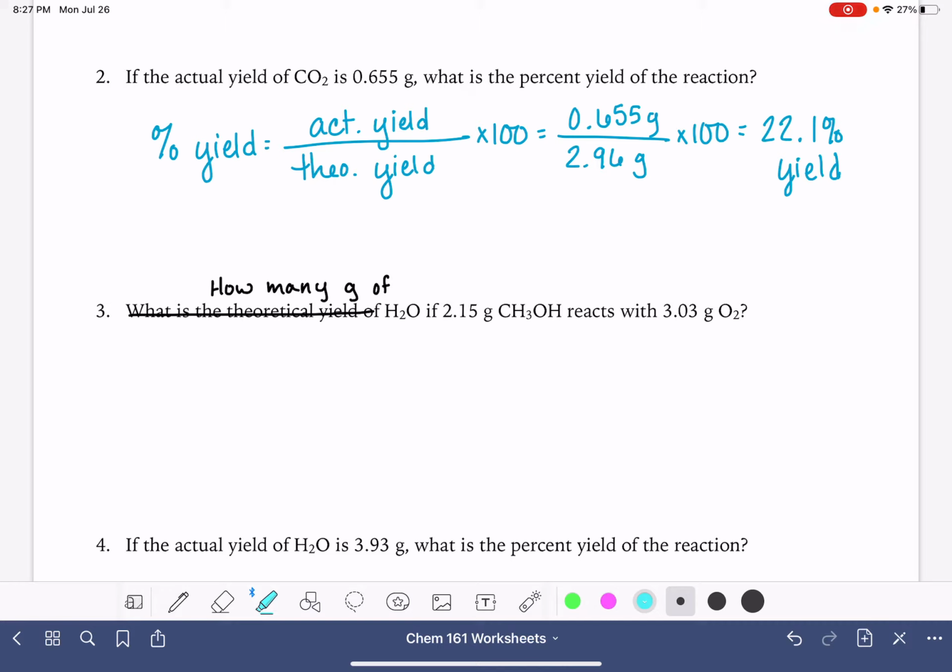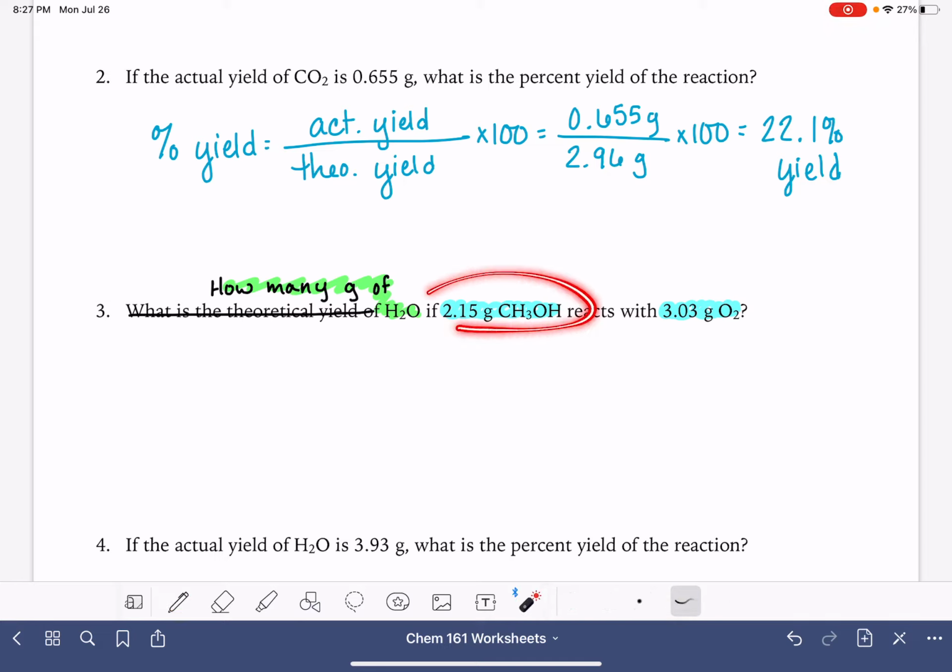It's a stoichiometry problem, and remember, we have been given a piece of information. We've actually been given 2 pieces of information. We've been given a starting point of 2.15 grams and also a starting point of 3.03 grams, and we're being asked to figure out how many grams of H2O we could make. So this is actually a 2-part problem.